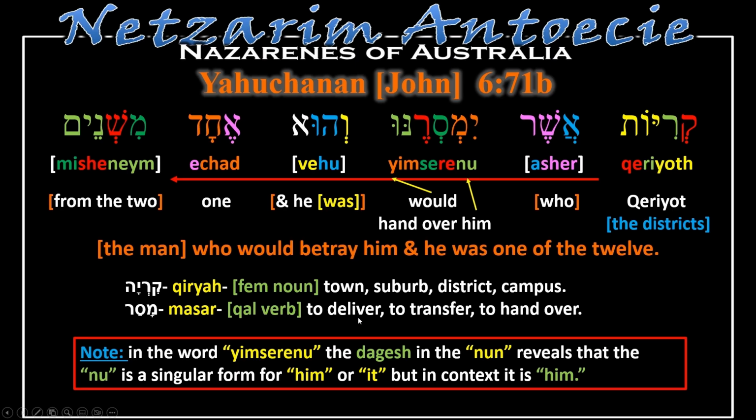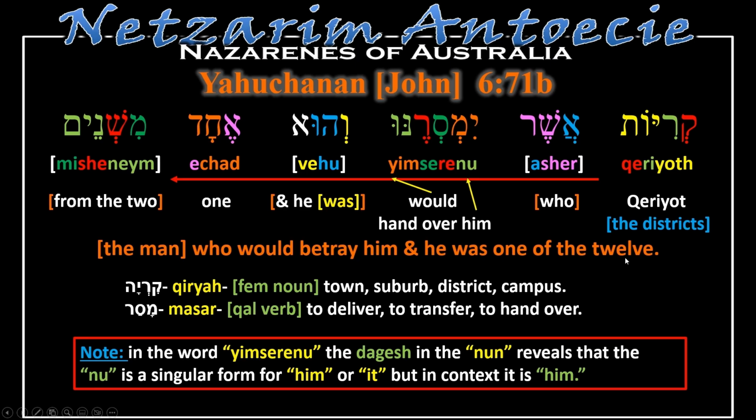It's a Qal verb to deliver, to transfer or to hand over. So therefore, literally it's saying who would hand over him. Vehu, and he, and I've added was, echad, one, mi-shaneim, from the two. So the man who would betray him, and he was one of the 12.